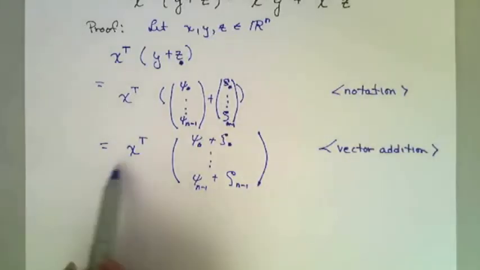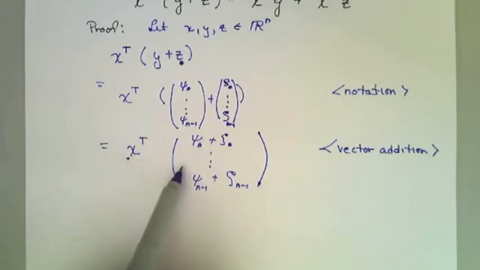Now what we need to do is to perform the dot product. Here we have a vector of size n dot producted with another vector of size n. We know in order to do this, what we end up doing is multiplying component-wise and adding.